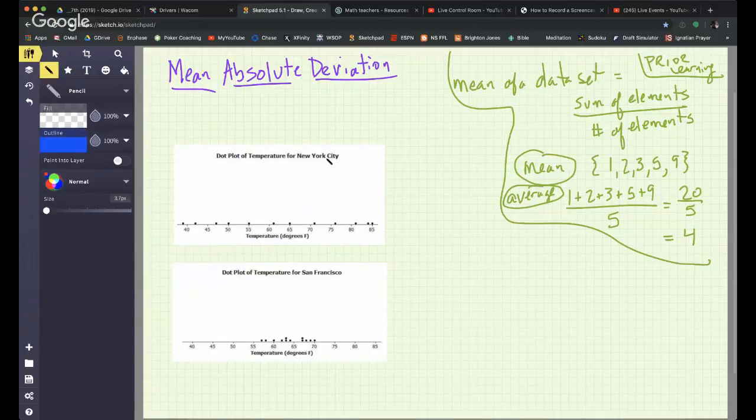Now it turns out, and we learned this from the lesson in class today, lesson 8 and 9 in Engage New York, we looked at an interesting fact that in New York City, if we look at the average temperature across the year, they had a data set comprised of 12 different numbers, one representing each month of the year.